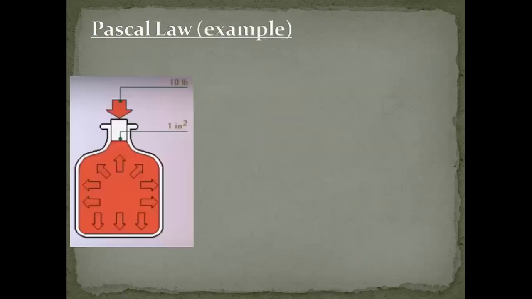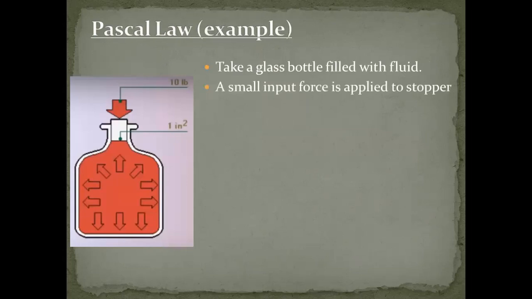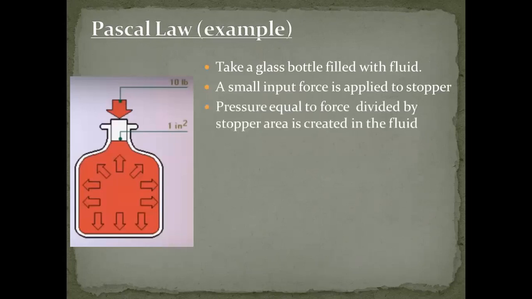So we can see the Pascal example. Here there is a glass bottle filled with water, and we put a small force on the stopper of the bottle. The pressure, equal to the force divided by the stopper area, is created in the fluid.